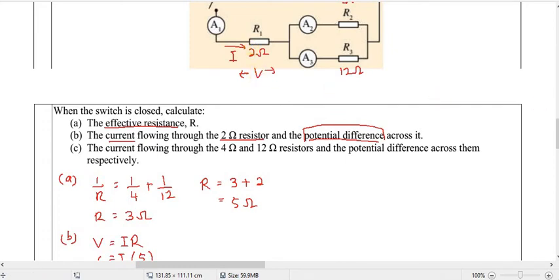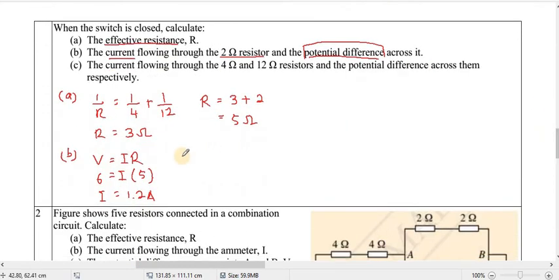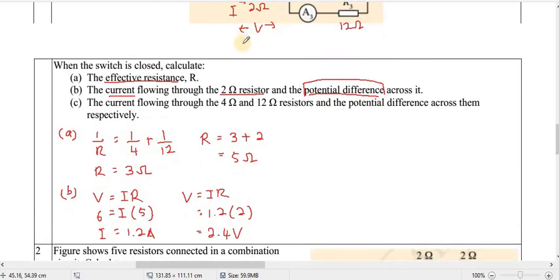So, we can calculate the potential difference. So V equals to IR. The current is 1.2. The resistance is 2. So we get 2.4 volt. Okay, so here is 2.4 volt.